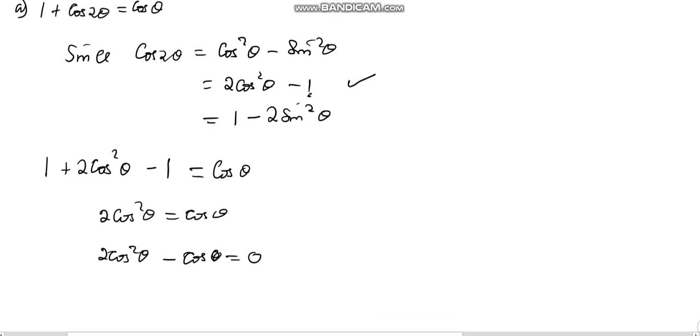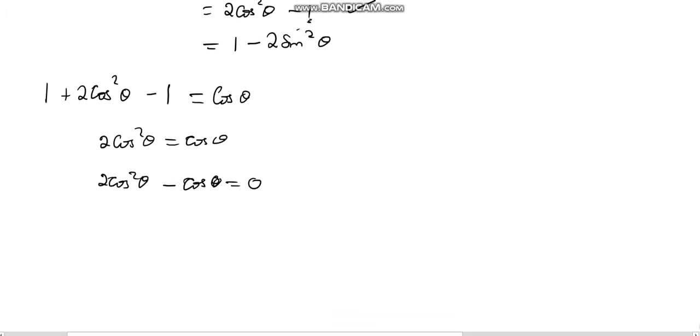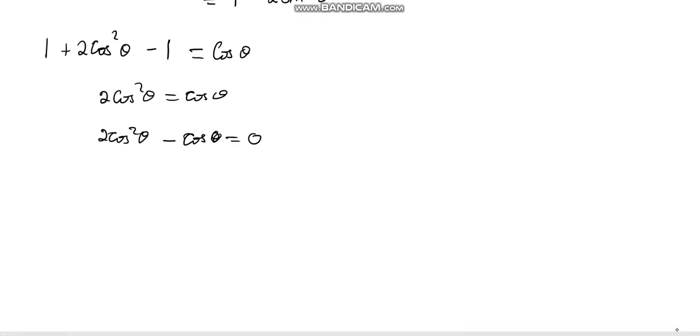So let me just scroll down a bit. Here we factor out cos theta. If we factor out cos theta, we are left with cos theta times 2 cos theta minus 1 equal to 0. Then what we do here is exactly the same thing we do when solving our equations.